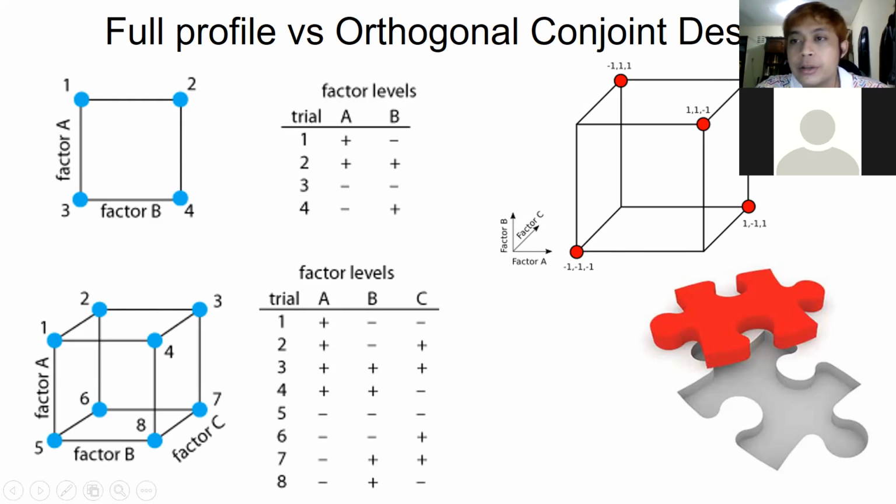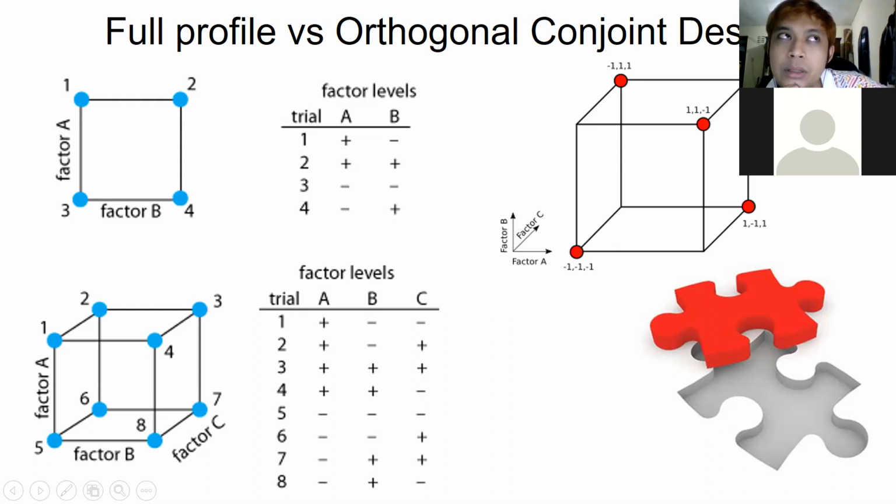Is there a formula? Yes, there is a formula. This one is the formula. How many attributes? Three attributes. How many levels for each? 2, right? 2 times 3 is 6, and this should be plus 1 or minus 1. Wait, this is weird. This is the wrong formula.